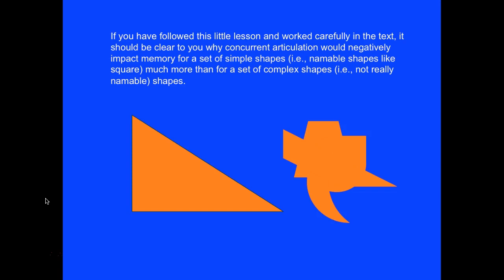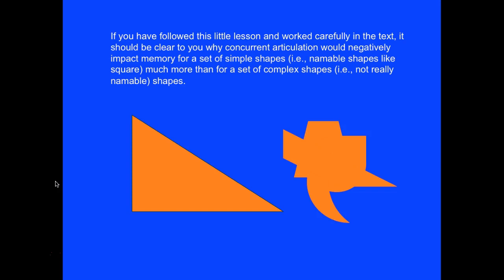Again, I want to keep emphasizing, right now I'm talking about the most typical kind of cognitive development. If a person was hearing impaired, they would use different processes, but this is how the mind would preferentially process the shapes given the use of a spoken language. So for the simple shapes, you would encode them linguistically. You'd encode them into words.